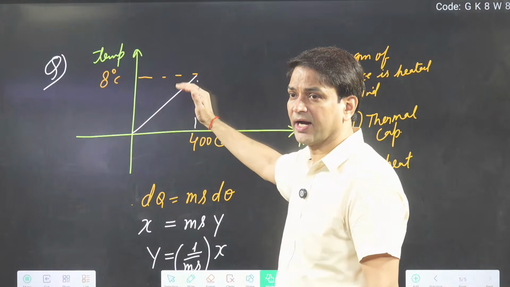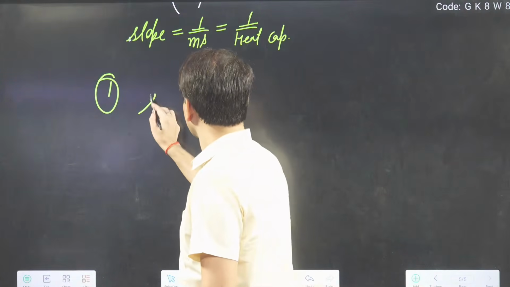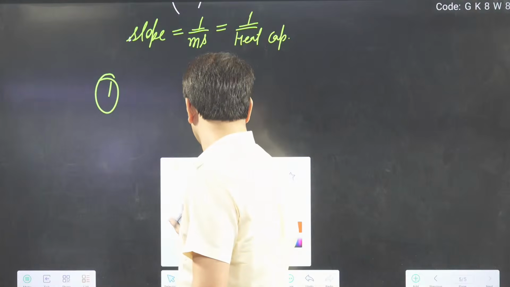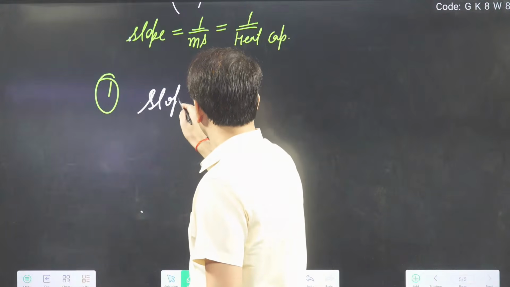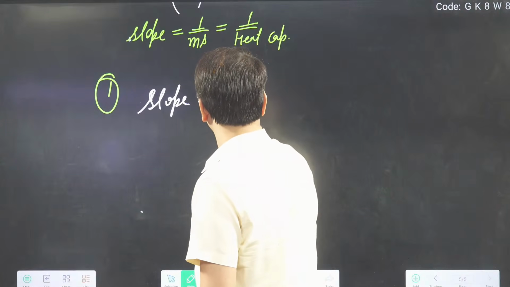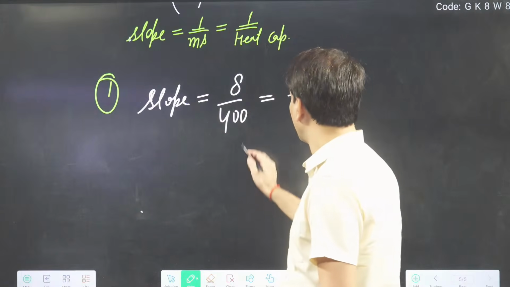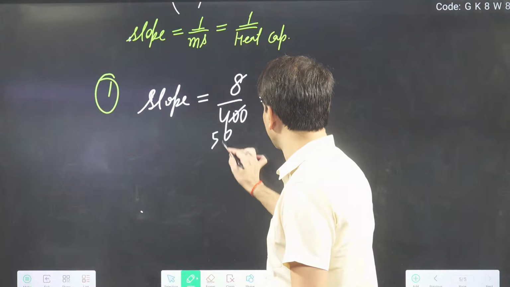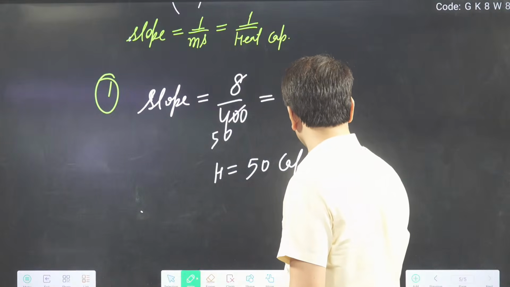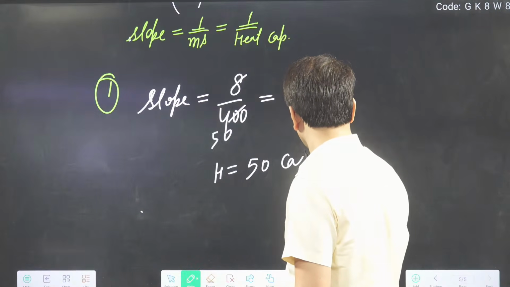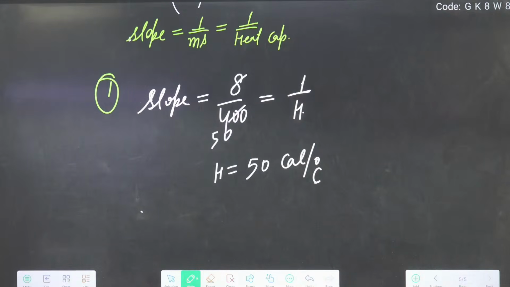Opposite is 8, adjacent is 400. So slope is equal to 8 by 400, and slope I know is 1 by heat capacity, 1 by H. Now 8 5s are 40, so H value I got is 50 calorie per degree C.